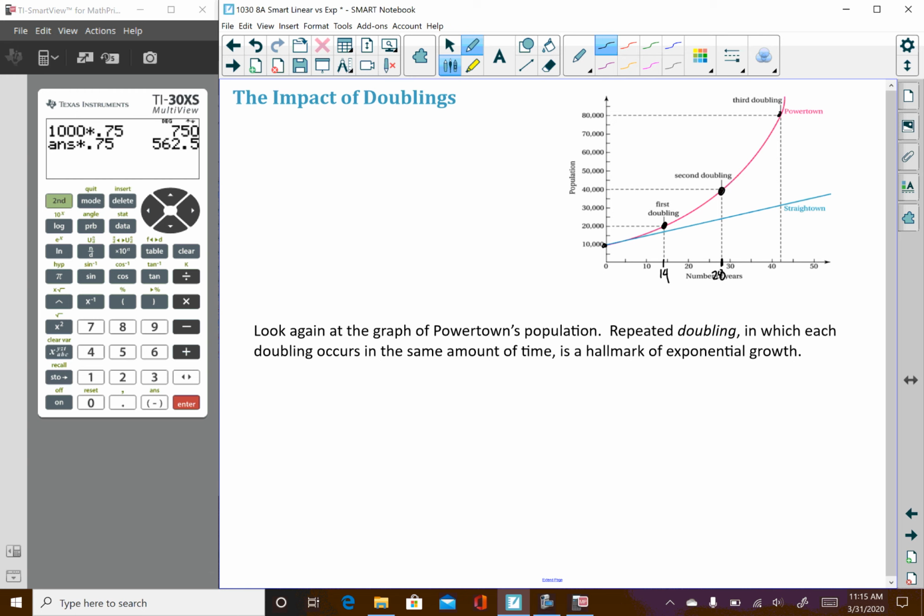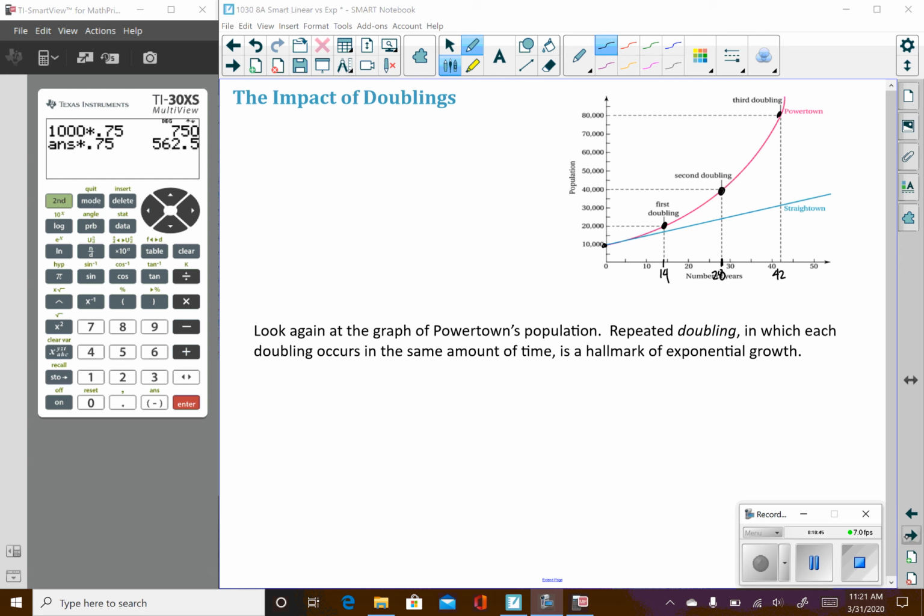And then after another 14 years, it doubled again. So that repeated doubling, or that amount of time it takes to double, is called doubling time. And we will be working a lot with that in 8B.